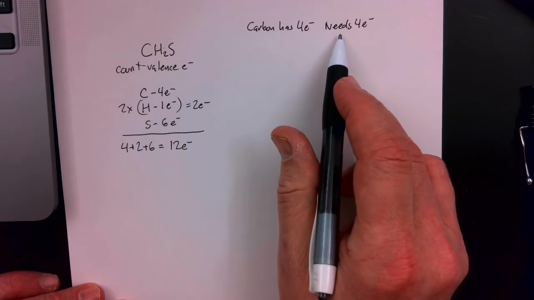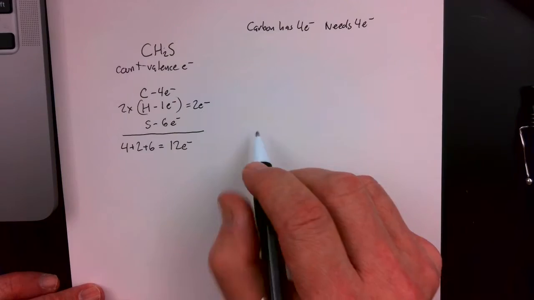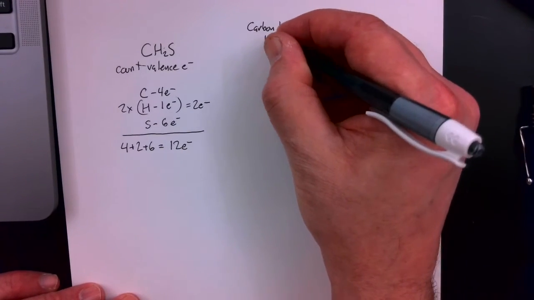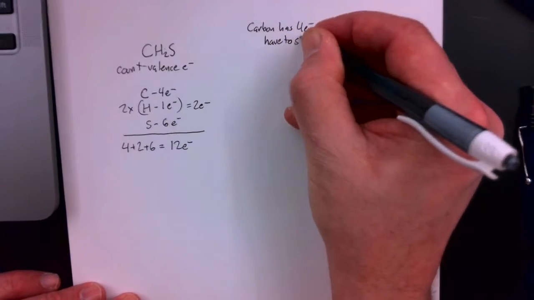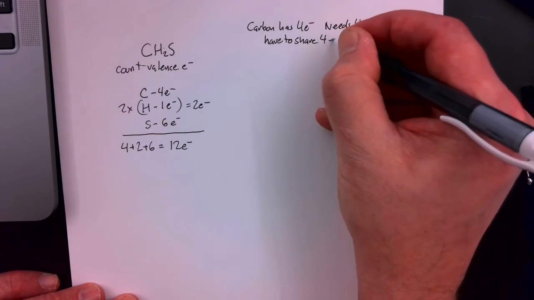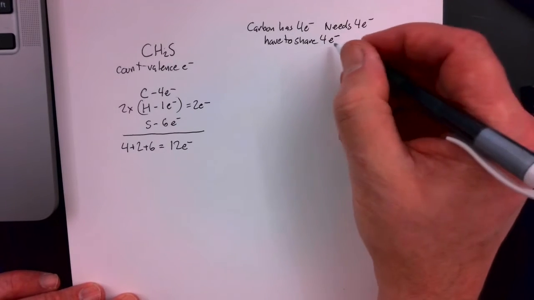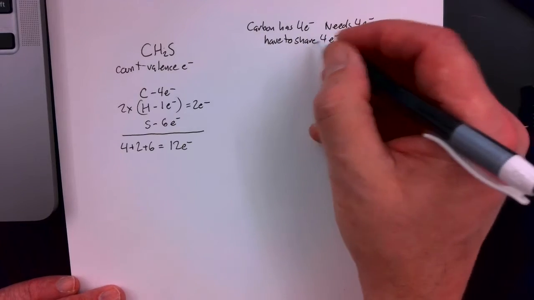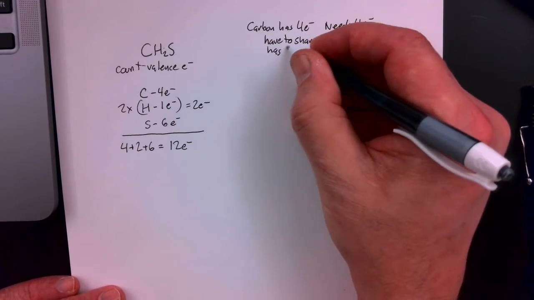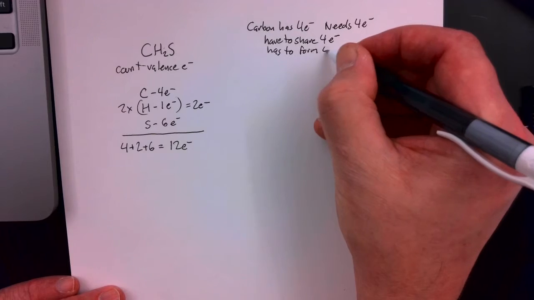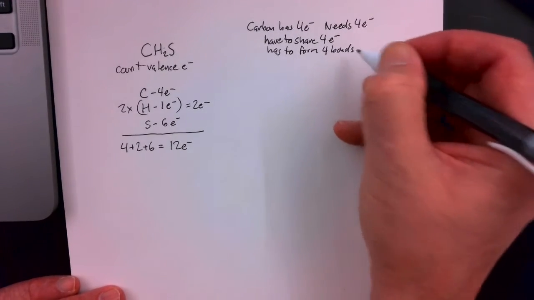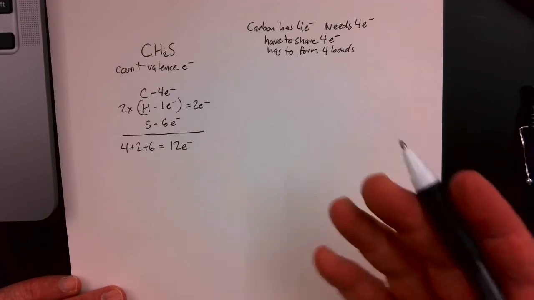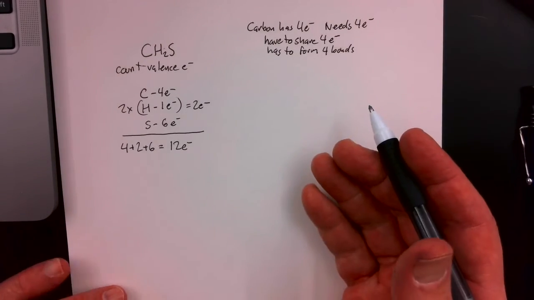So the glass is half empty. It's going to have to share with 4 other things to gain those 4 electrons. Another way of saying it is it has to form 4 bonds, okay? So carbon generally forms 4 bonds unless there's a charge to allow it to gain those extra 4 electrons.